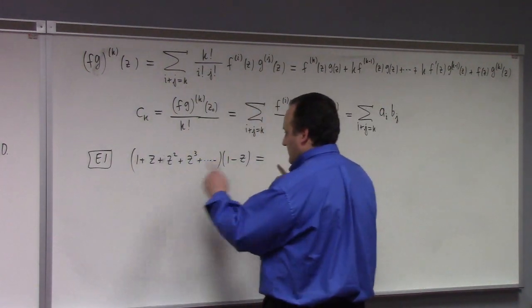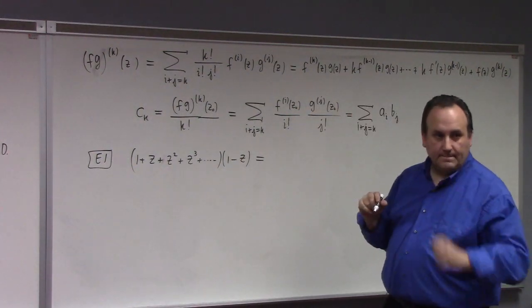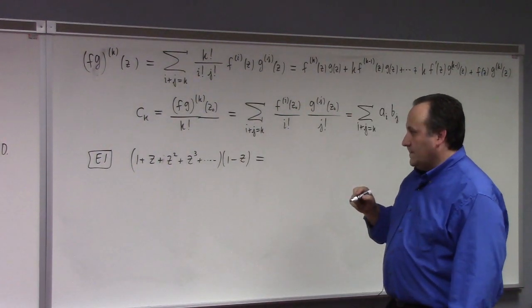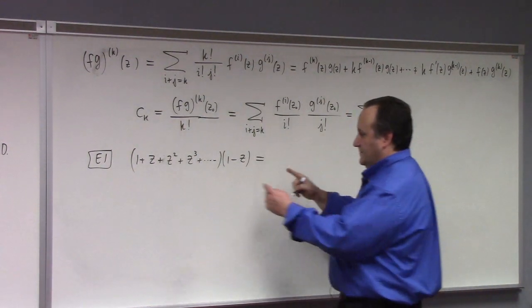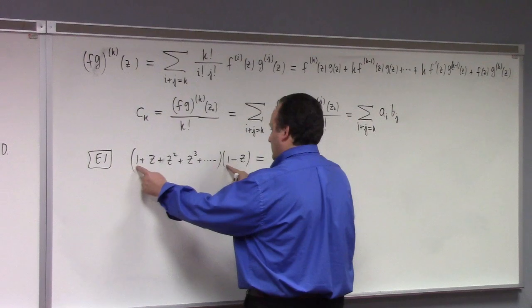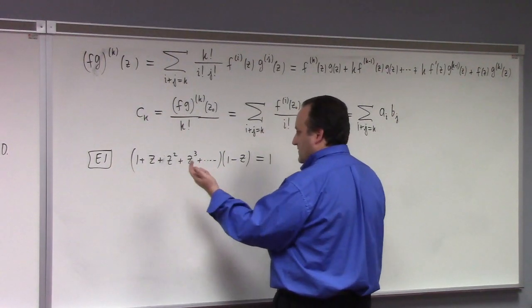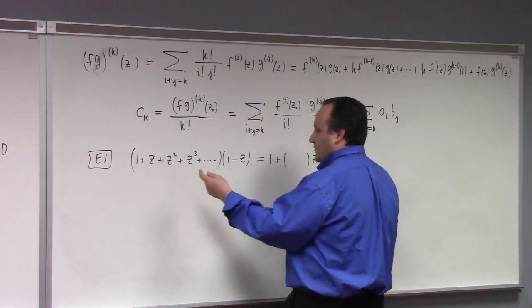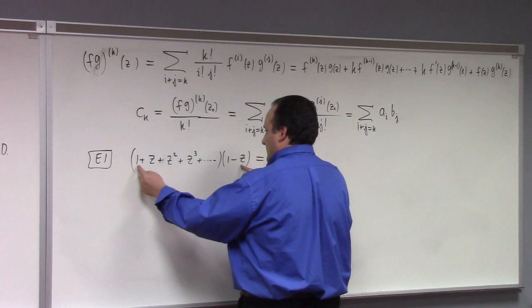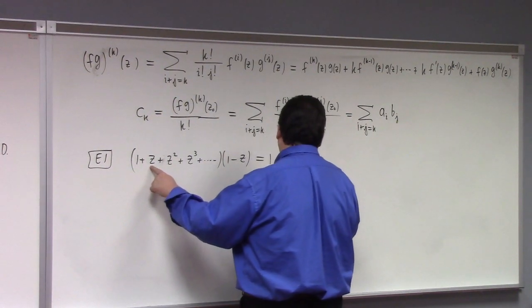Let's see here. So we have to do it order by order. What are the constant terms? How can you get a constant here? These two, right? That's it for the constant. How about z's? What do I got? I've got 1 times that gives me minus 1, right? z times that gives me plus 1.